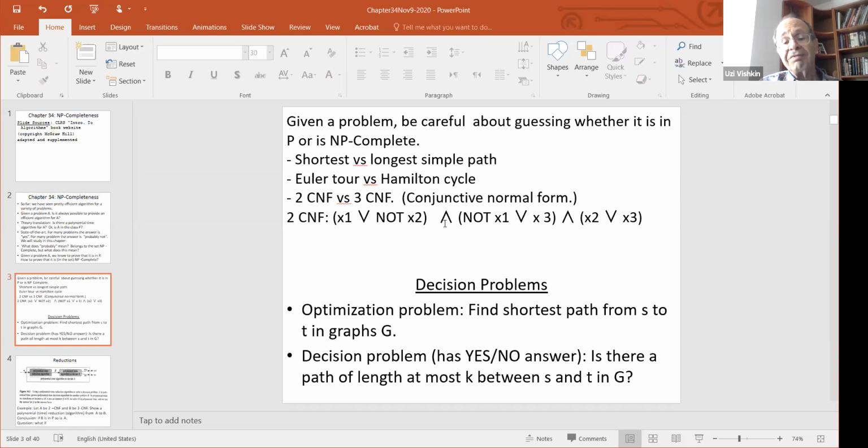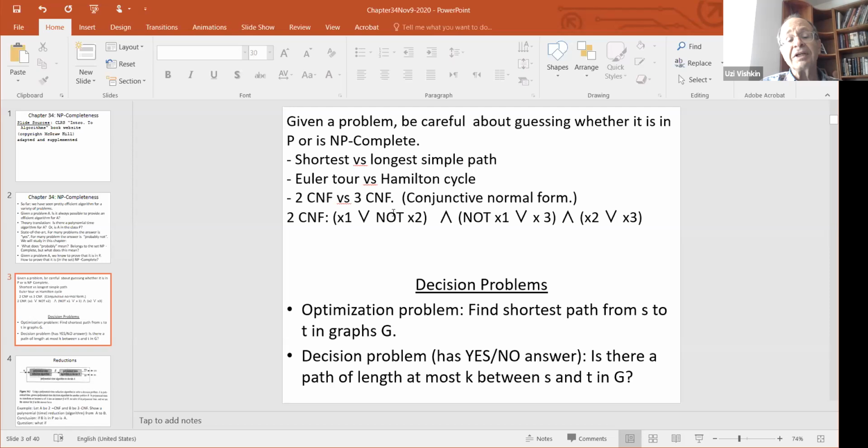So a CNF formula is an AND of ORs. So it's a 2-level formula where the higher level is an AND across all the parentheses. And within a parenthesis, you can only have ORs, and each literal can be a variable or its negation. Okay, so this is a conjunctive normal formula.